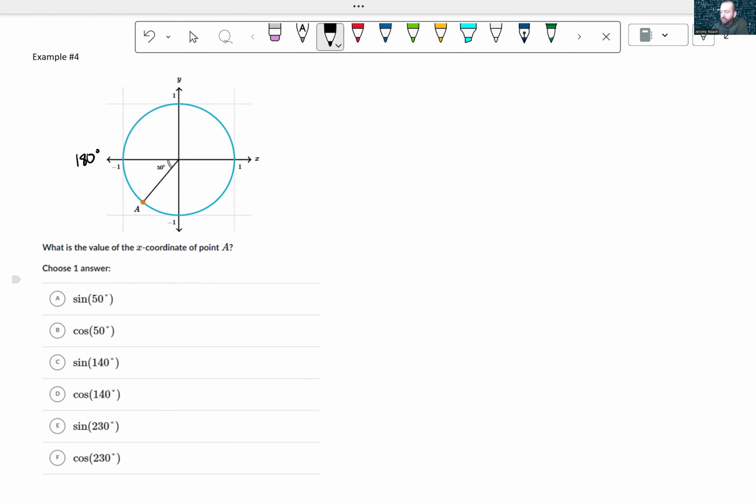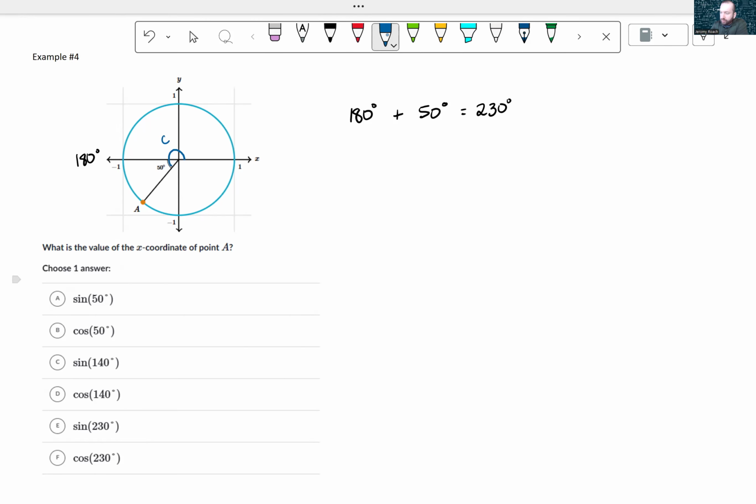So this 50 degrees means that it's 180 degrees plus 50 degrees, which is a total of 230 degrees. And if we wanted to write that entire angle on the coordinate plane, we would write the angle like this. We would show that it's like that.